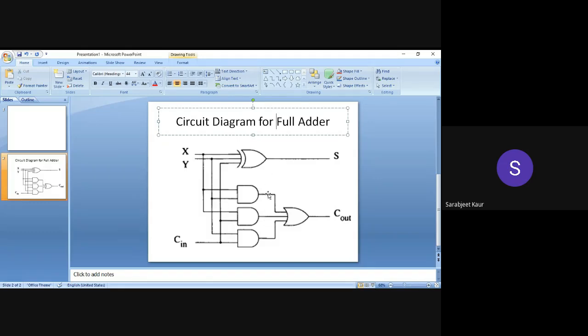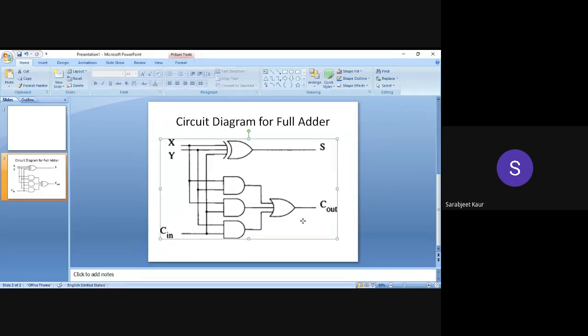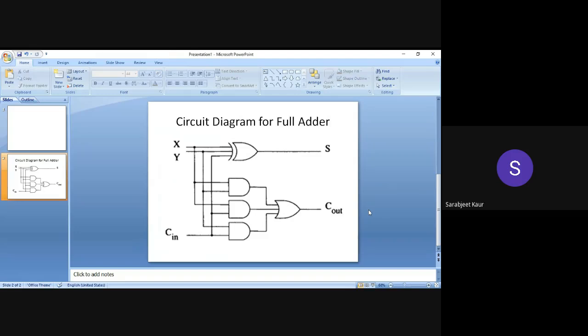So we get XY, YZ, and ZX. And then all these three are ORed together to give us a carry out of the full adder. Is this clear? Yes, ma'am. Okay, good.